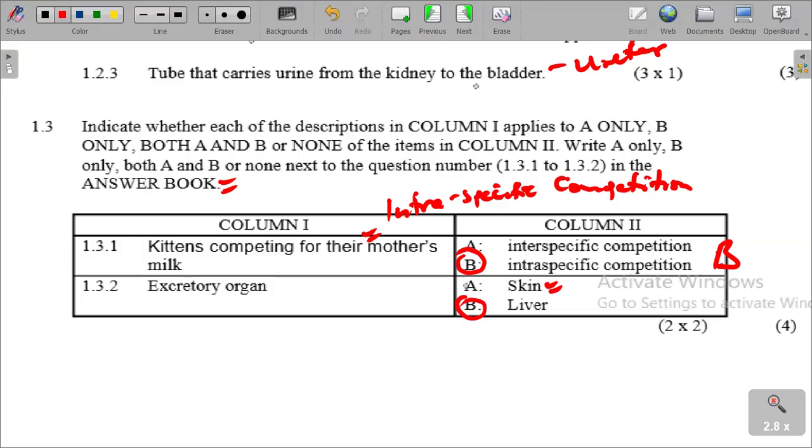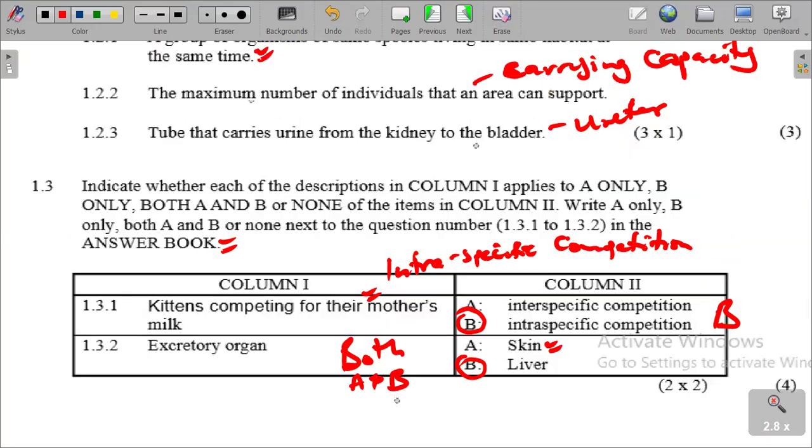So it is both A and B. The skin and the liver are both excretory organs. They release certain waste and some substances. That is correct.